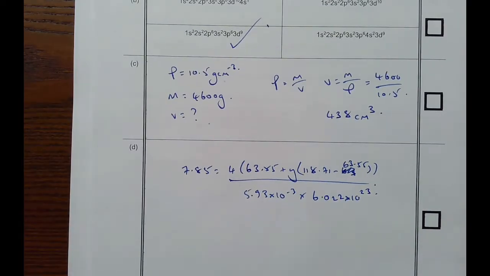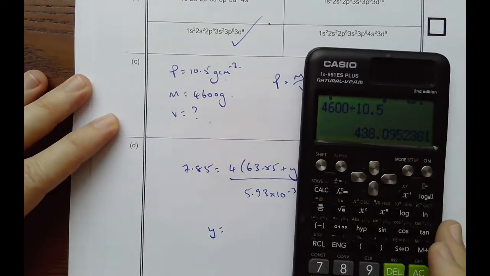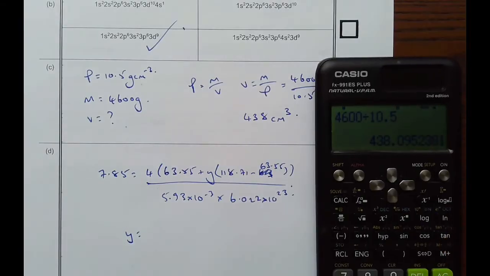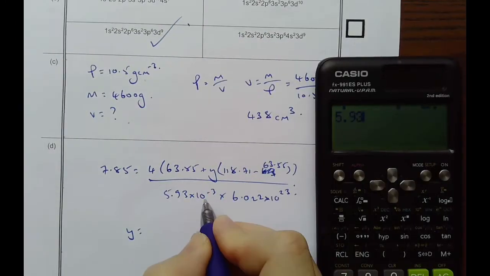Okay, so then we want to work out y. We don't need to be too laborious about this, so it's going to be 5.93, that's not to the minus 3, to the minus 23.